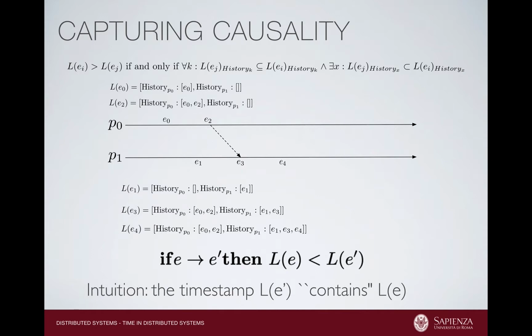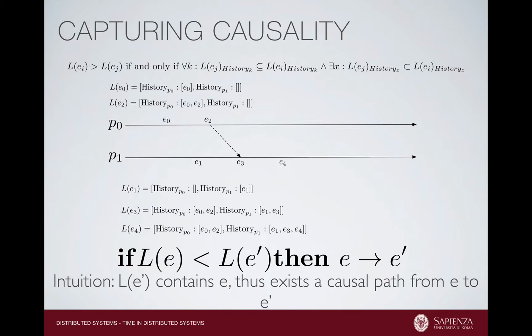The example is event E2 and event E3. E2 brings its timestamp, and what you do is look at the new history and then update something. By doing this, you are always creating something that strictly contains the timestamp of event 2 when you create the timestamp of event 3.